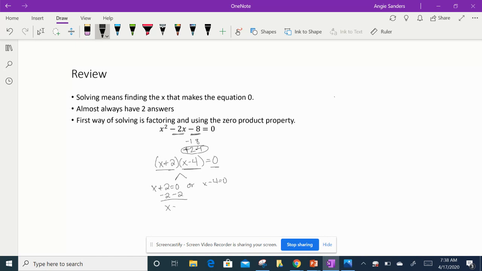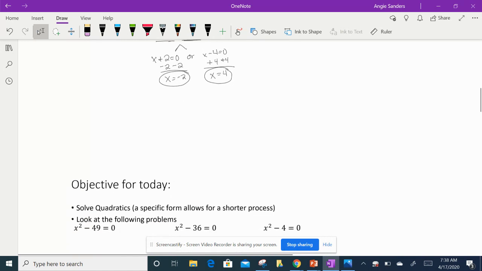I'm going to find out that x can be -2, or in this case, x could be +4. So I have two solutions to this equation. If I plugged in a -2, or if I plugged in a +4, this equation would be true. That's our first method of solving, using the factoring process that we learned a couple of chapters ago with quadratics.